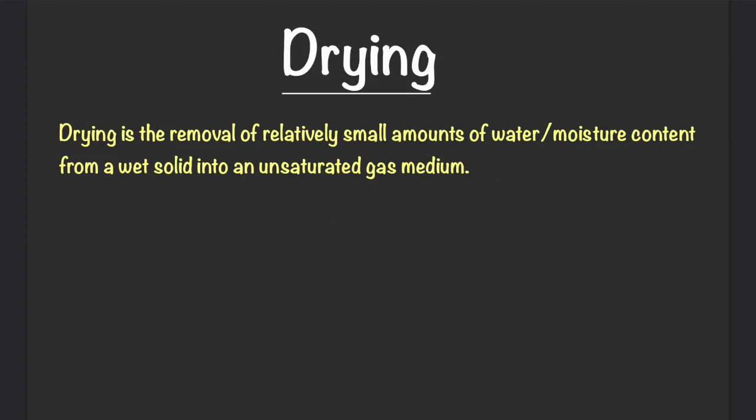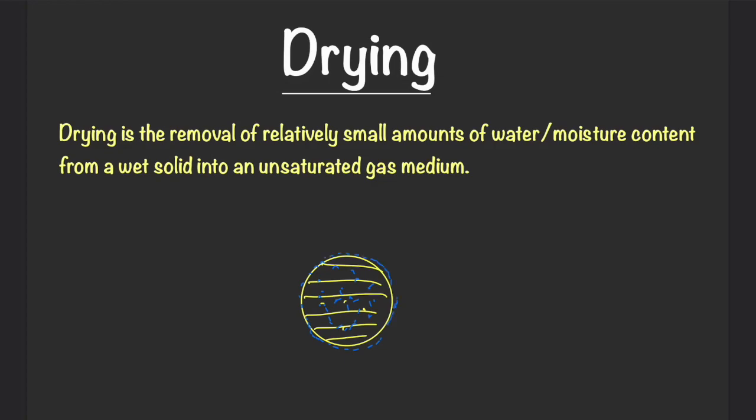In industries, we usually perform some basic things in drying. Let us assume we have a body, and there is water content in it. Maybe some of the moisture content is inside the bulk of the material, and some is at the surface.